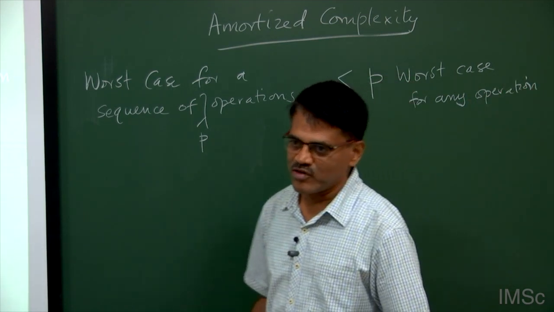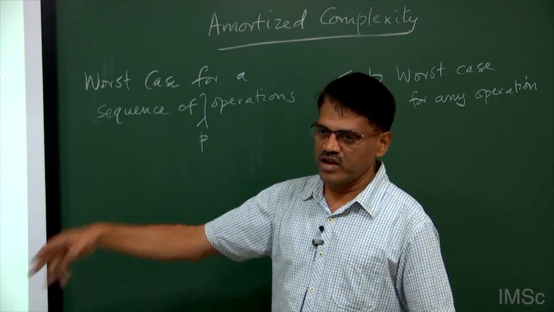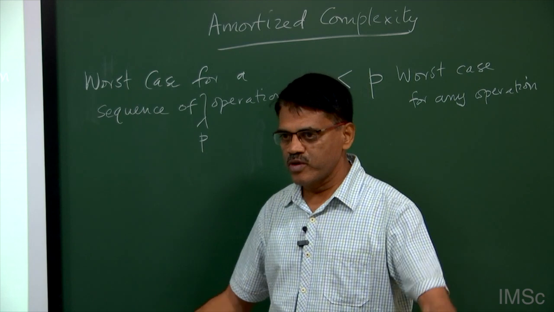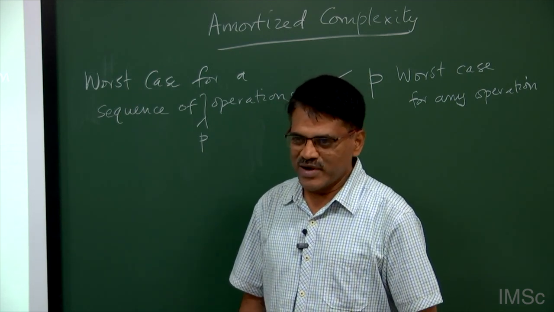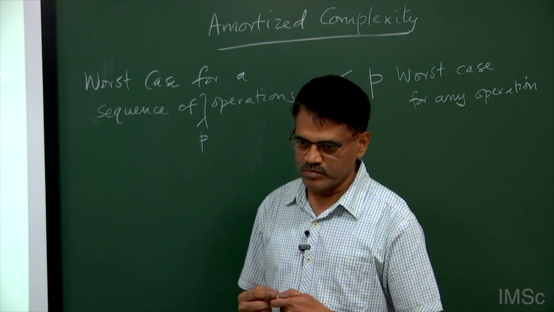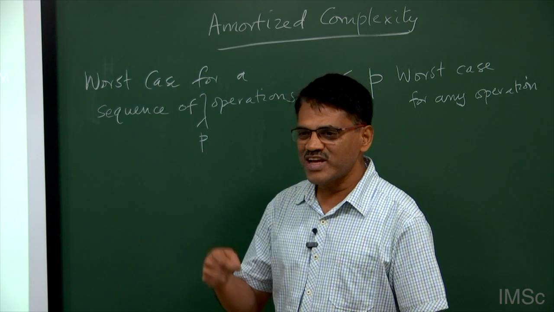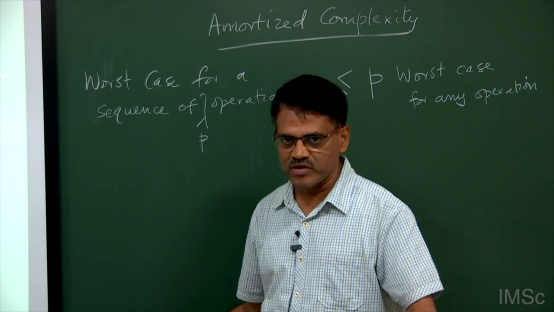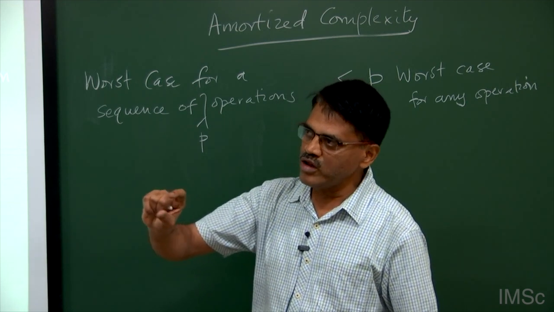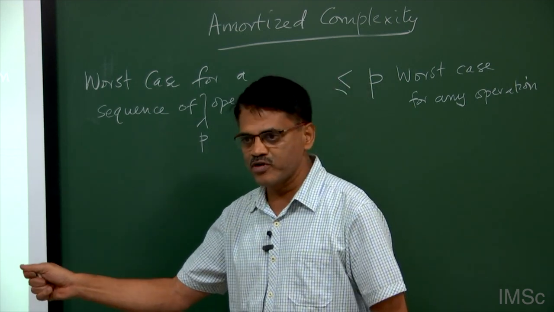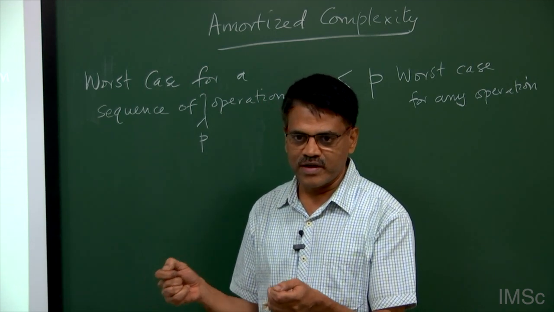We know that because if my data structure will take log n in the worst case, and if I am performing P such operations, in the worst case it's going to take P log n time. But is it the correct estimate? We don't know. Why do we ask this question? Because maybe the worst case doesn't happen all the time in your sequence, right? So maybe one worst case operation will make subsequent operations much better. Then maybe you have a tighter estimate, right?